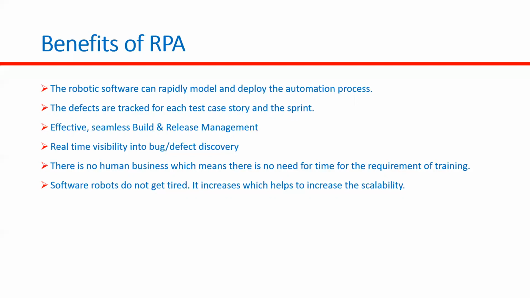The defects are tracked for each test case, story, and sprint. When we automate this process in an agile environment, we will be working sprint-wise. If there are any defects in the automation process, we will fix the defects in each sprint, and we will keep the automation process in a runnable state at any time.